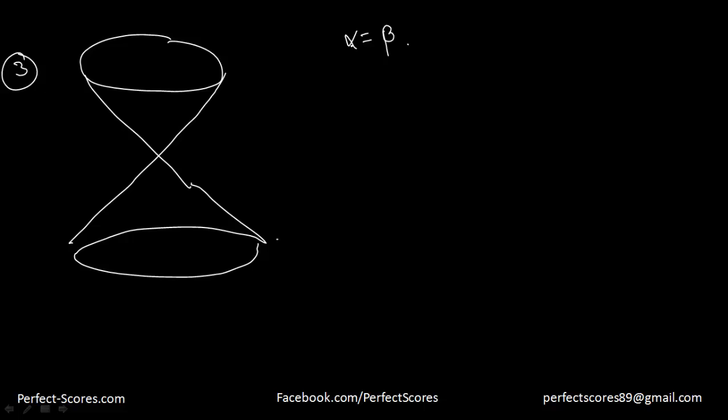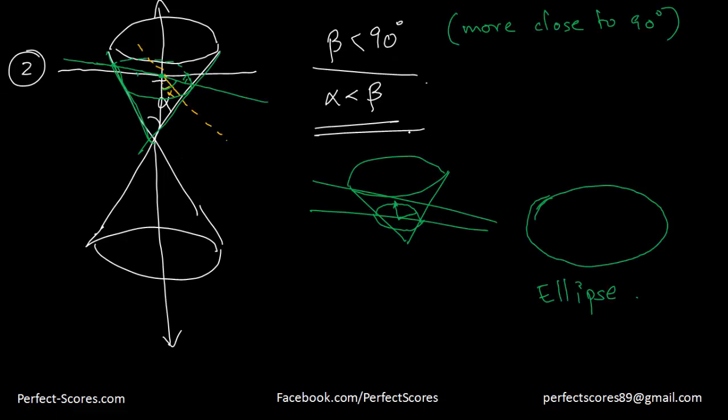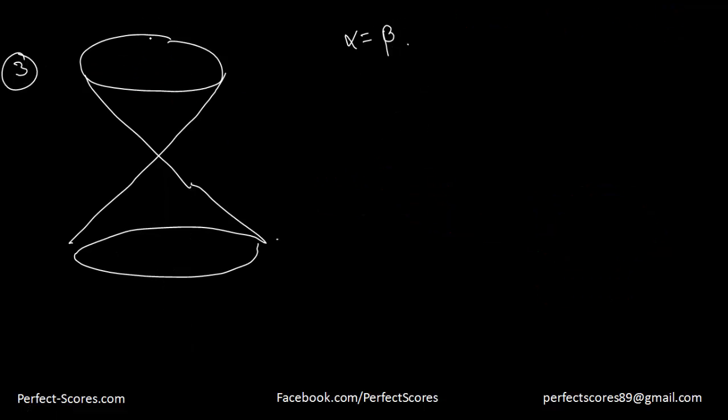Now remember, in the previous case, beta was supposed to be greater than alpha, which means it was closer to the line which is cutting the vertical axis. So let's suppose this is the vertical axis. The line cutting the vertical axis is 90 degrees. Now over here I'll be making a much steeper cut, a cut like this. So I'll be kind of skipping this line completely.